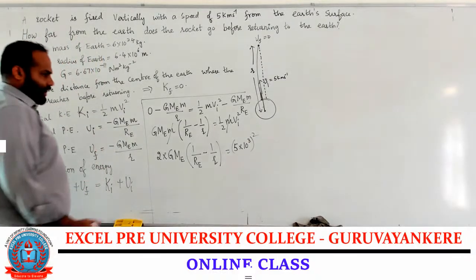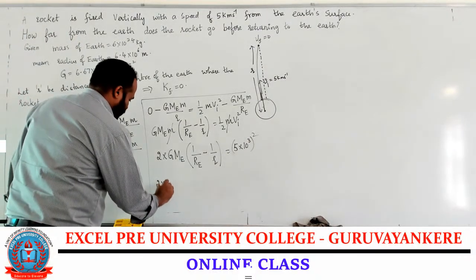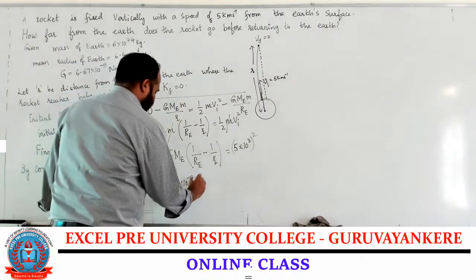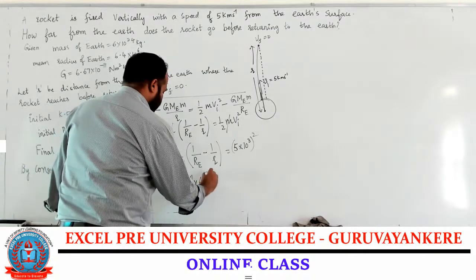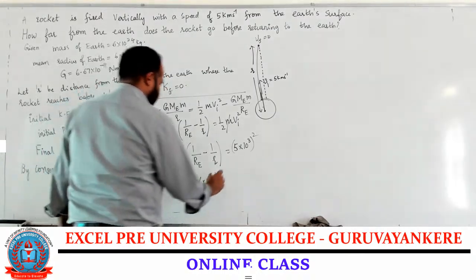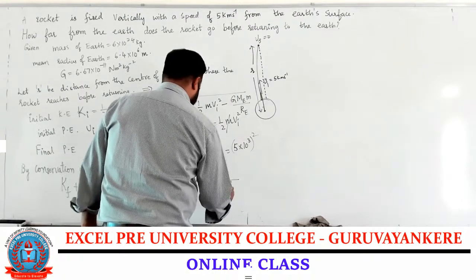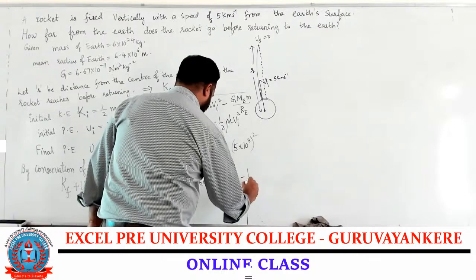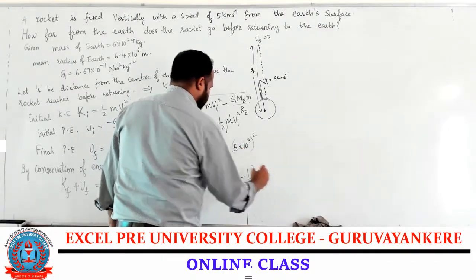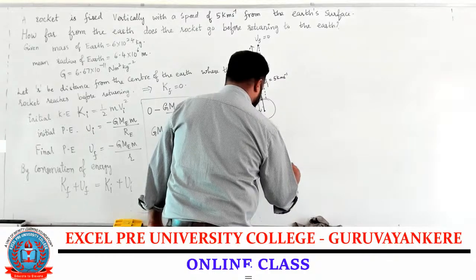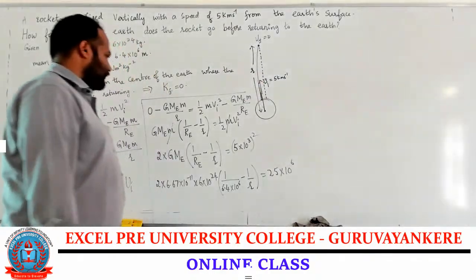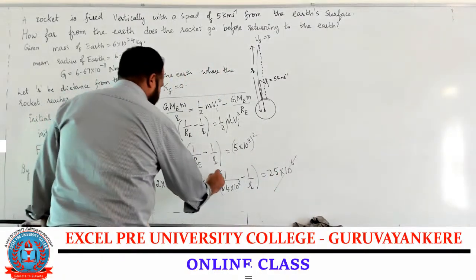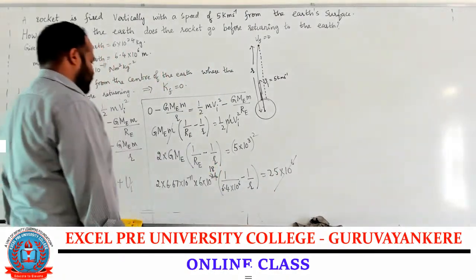Now substituting the values. 2 into 6.67 into 10 to the power minus 11 into 6 into 10 to the power 24 into 1 by 6.4 into 10 to the power 6 minus 1 by r is equal to 25 into 10 to the power 6. So this 10 to the power 6 cancels off and this will become 10 to the power 18.